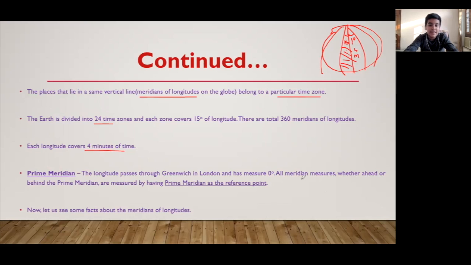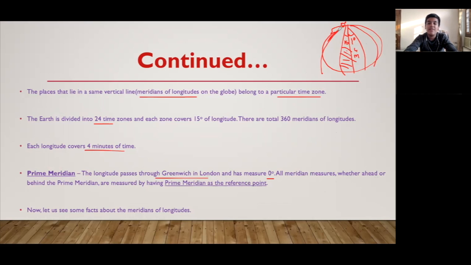Now, the prime meridian. The longitude that passes through Greenwich in London has a measure of 0 degrees. So if we consider this one, this is the prime meridian, and its measure is 0 degrees. All meridian measures, whether ahead or behind the prime meridian, are measured with the prime meridian as the reference point.